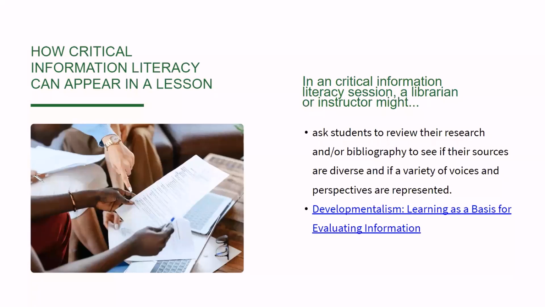So if you had a student that found 3 or 4 different articles from the same peer-reviewed scholarly journal, you might say, well, you actually need to think more diversely and broadly about your topic, because pulling from the same journal may create a very specific type of research that you're finding. And so we would think about what kind of information students have discovered and what kind of information students feel like they can't include because we said, as librarians and as instructors, this doesn't count as credible information.